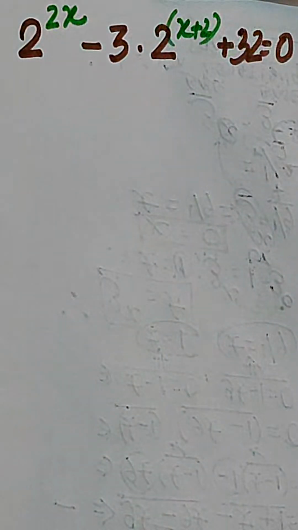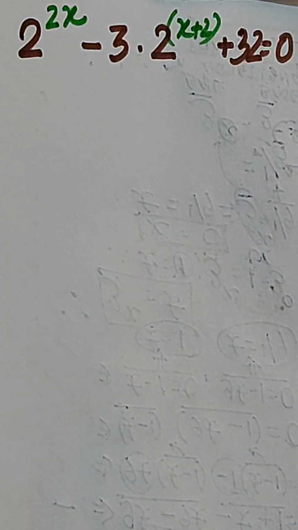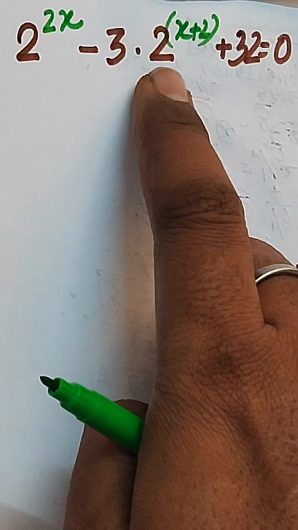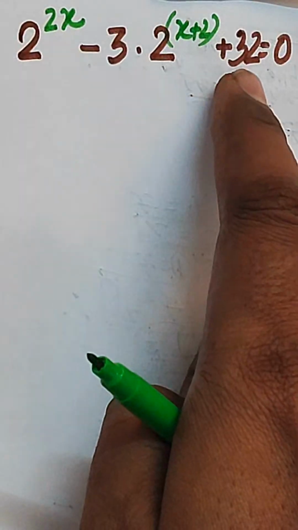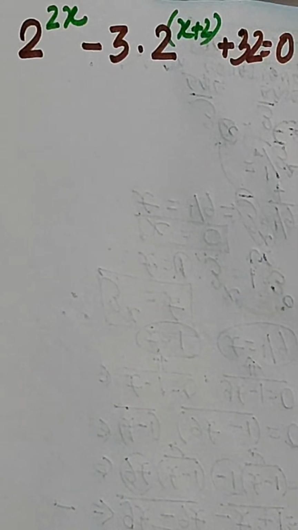I write with a different color so that it can be easily understood. So this is the second question for today's class, 2 power 2x minus 3 into 2 power x plus 2 plus 32 is equal to 0, right, my dear friends?